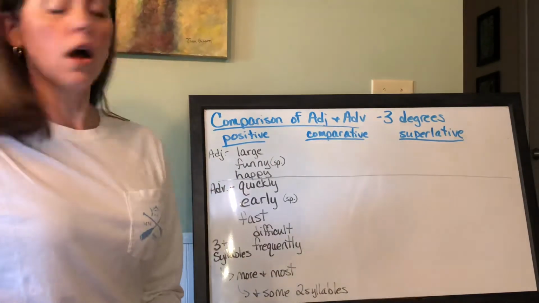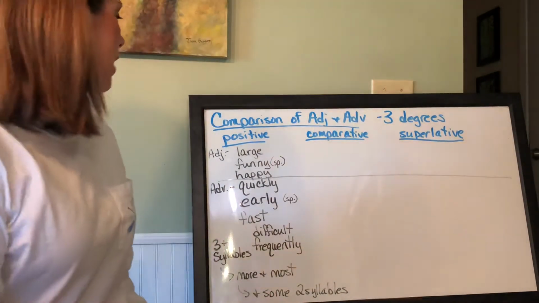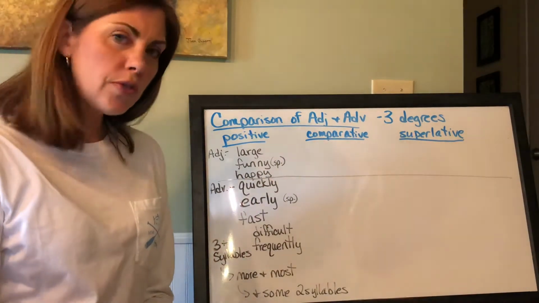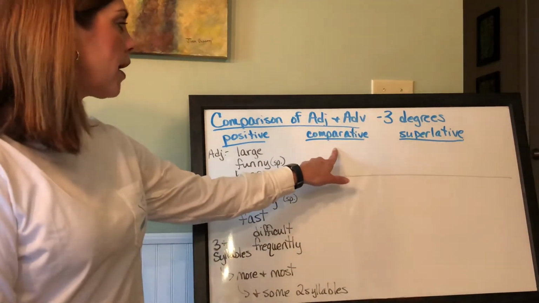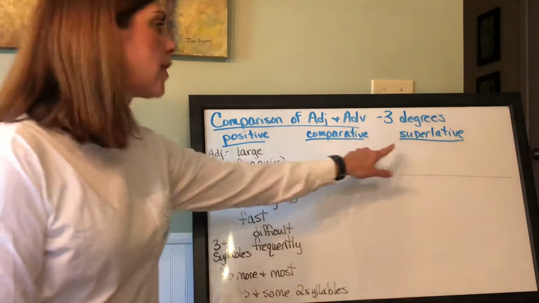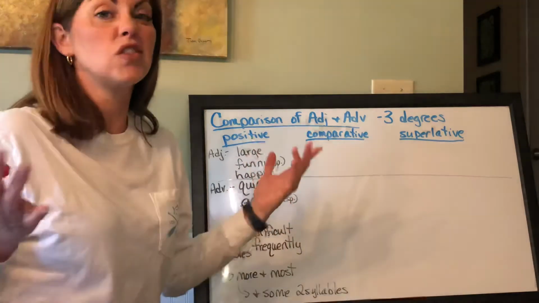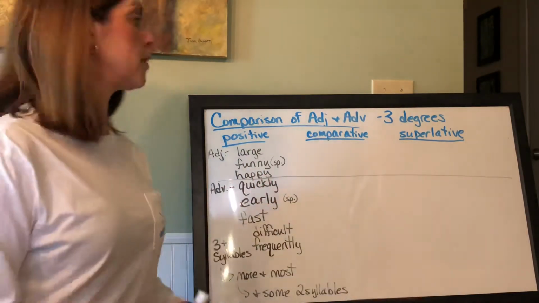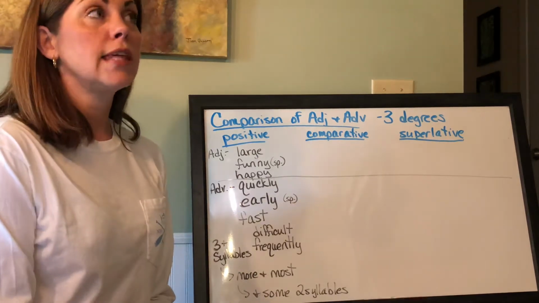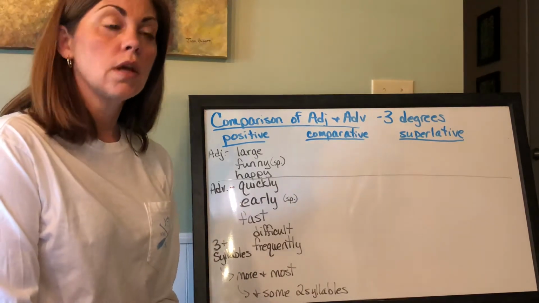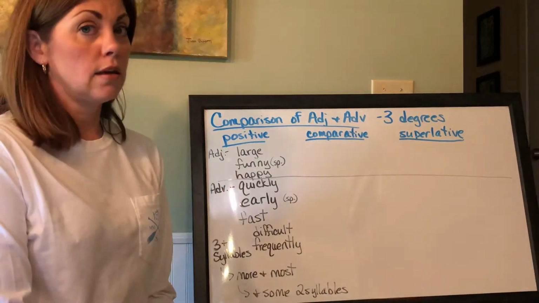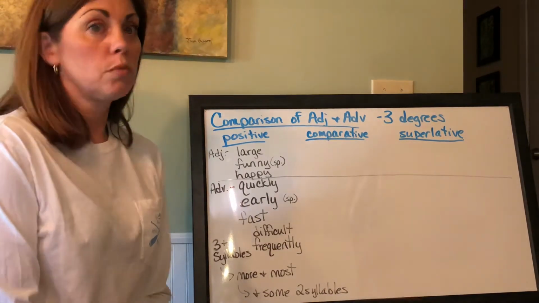All right, so to start off, we have the word large. When you're comparing two things, that would be the comparative form. But if you're comparing more than two things, that would be the superlative. So it's like a super comparison as opposed to a regular comparison. So we might say the elephant is large. Or we could say the elephant is larger than the hippo, maybe.